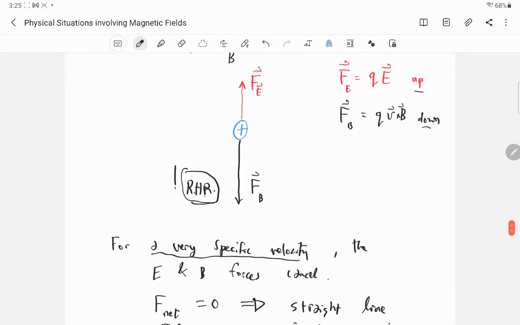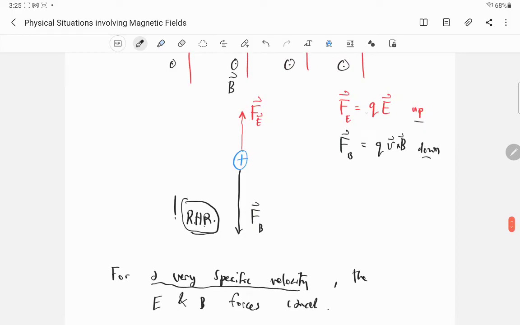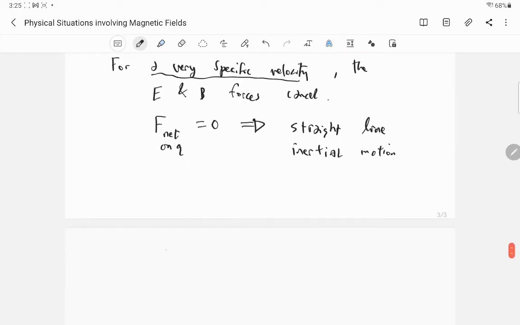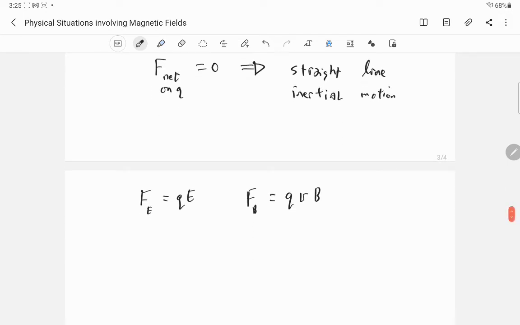So how do we get these things to cancel, the electric and magnetic forces? In terms of magnitudes, remember that the electric force is QE and the magnetic force is QVB. We know that the motion is perpendicular to the magnetic field.